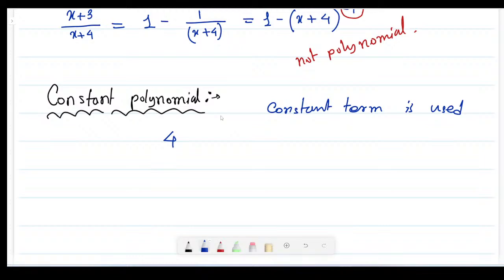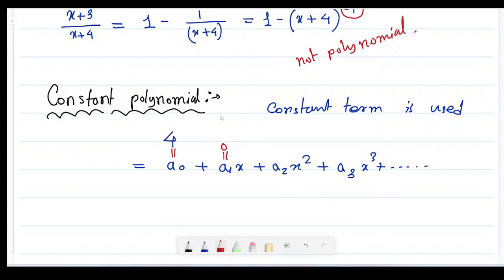Yes, it is a polynomial, because if we compare with the general expression a0 plus a1x plus a2x square plus a3x to the power 3 and so on, here we can see that the a0 term is 4 and all other terms are 0.